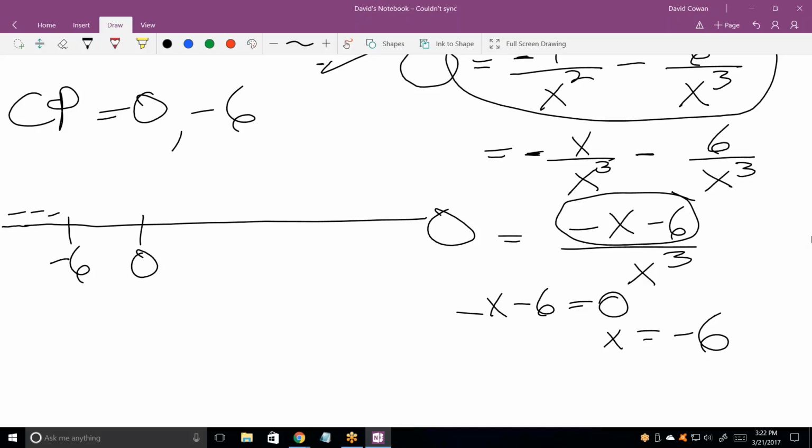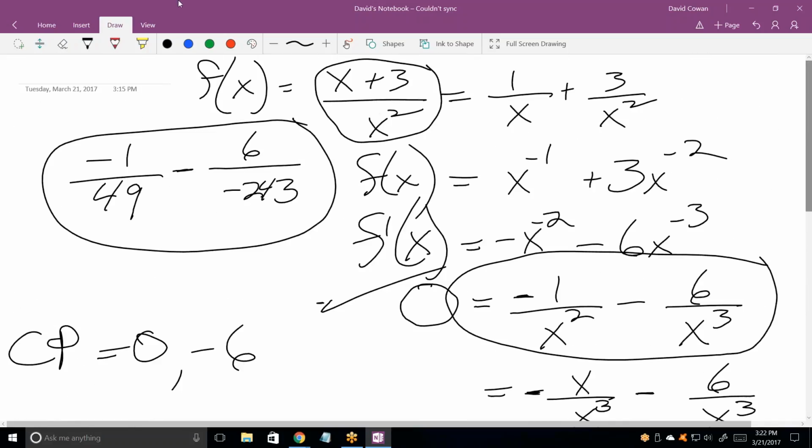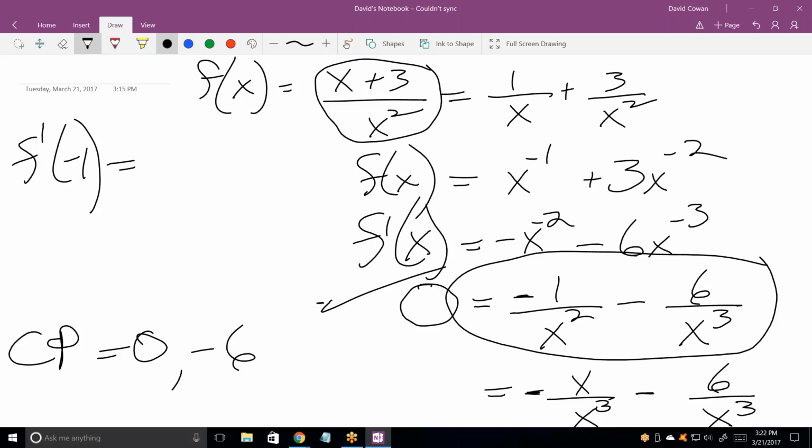Now pick a number between 0 and minus 6. Negative 1. Now let's figure out what the first derivative is at negative 1. Is it greater than or equal to 0 or less than 0? Well, what is f of negative 1? Negative 1 over negative 1 squared, which is negative 1.